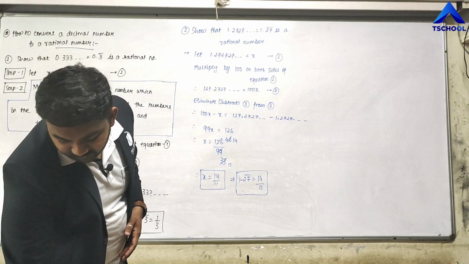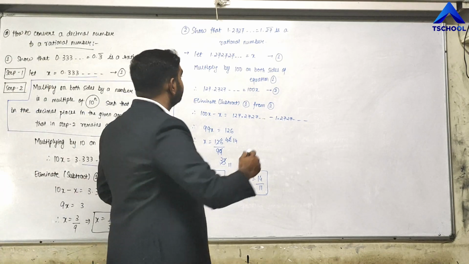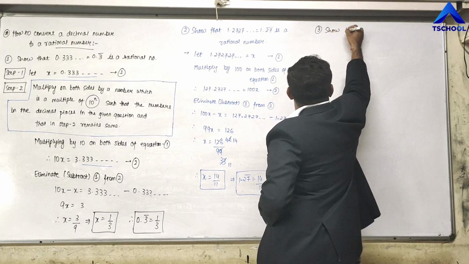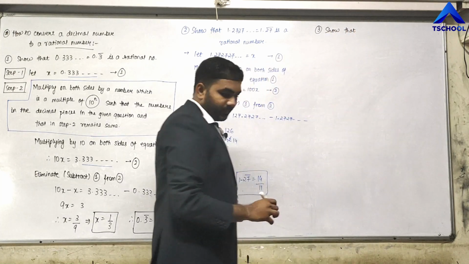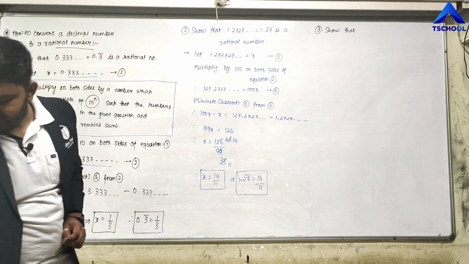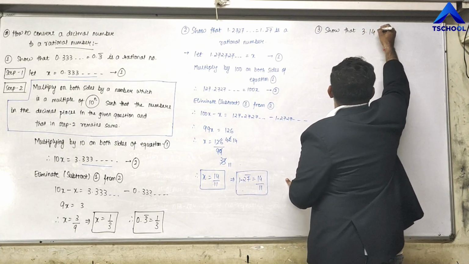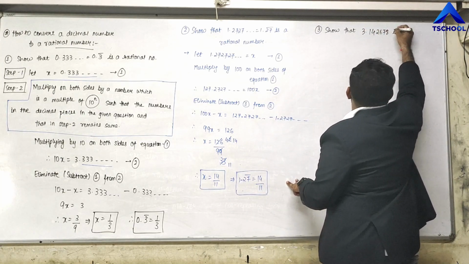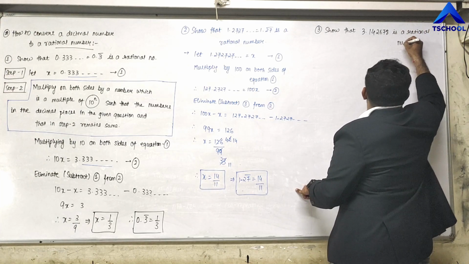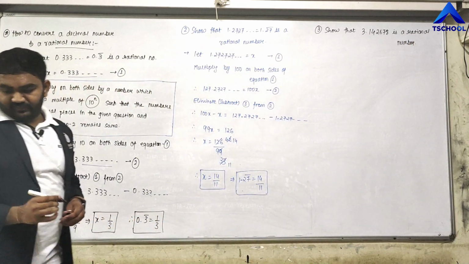Again, let me say, for example, I am having one more example here: show that 3.142678 is a rational number. How can you show that this is a rational number, friends?